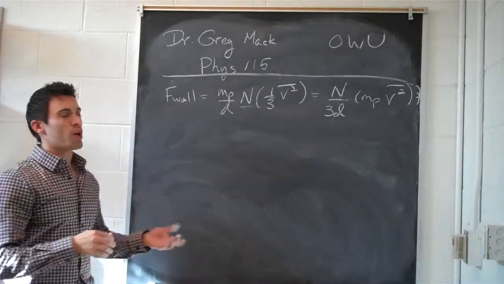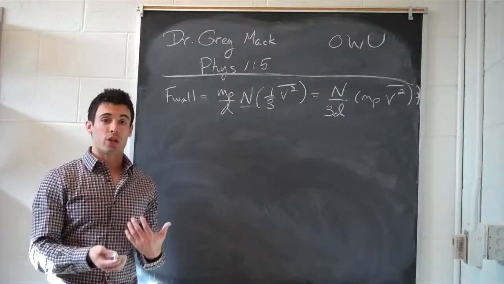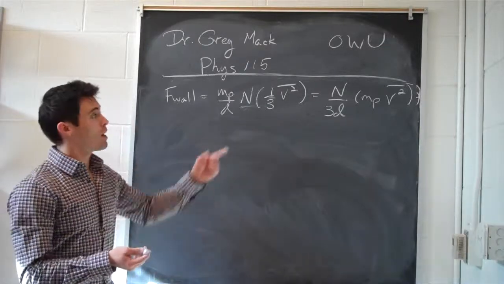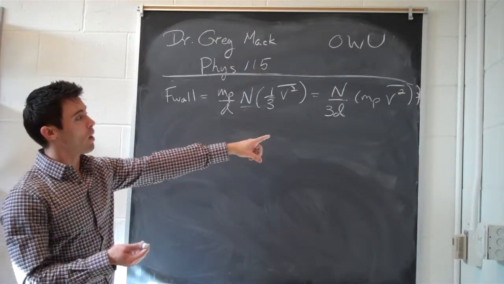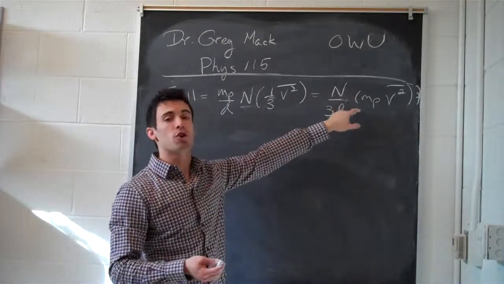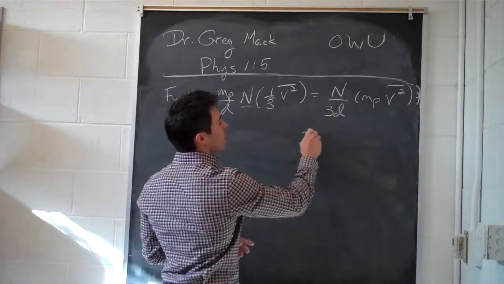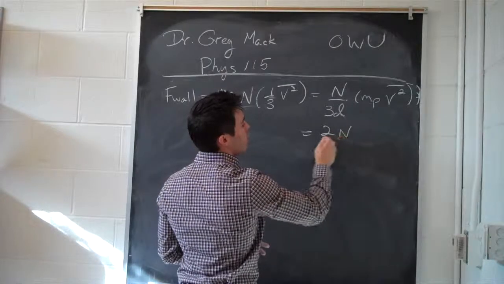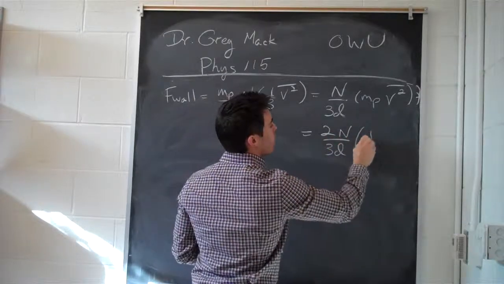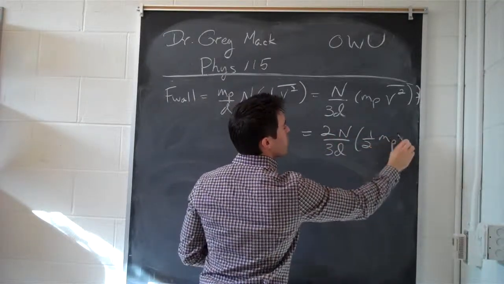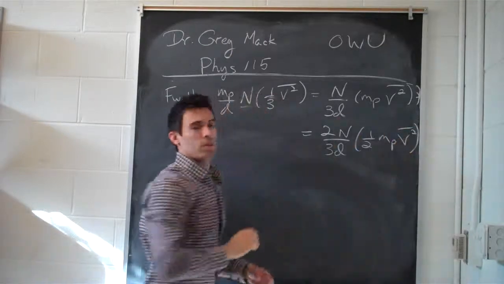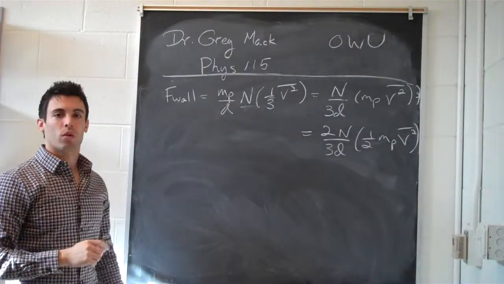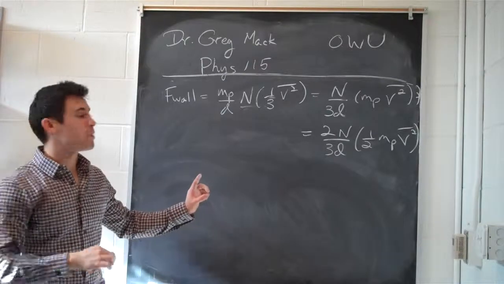And I said I wanted to write this in terms of kinetic energy, which is 1/2 mv squared, and so I want to rewrite this as 1/2 mv squared. If I multiply by 2 over 2, I can do that. So then I get 2N over 3d times 1/2 mp v bar squared, or v squared bar. Okay? And this equals the force.